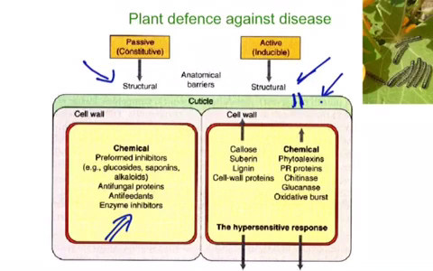Preformed inhibitors are inhibitors that are made before infection, and a number are named there. And over this side we see another set of chemical responses that include a key group called the Phytoalexins and a number of other enzymes that can be involved in protecting the plant against infection.